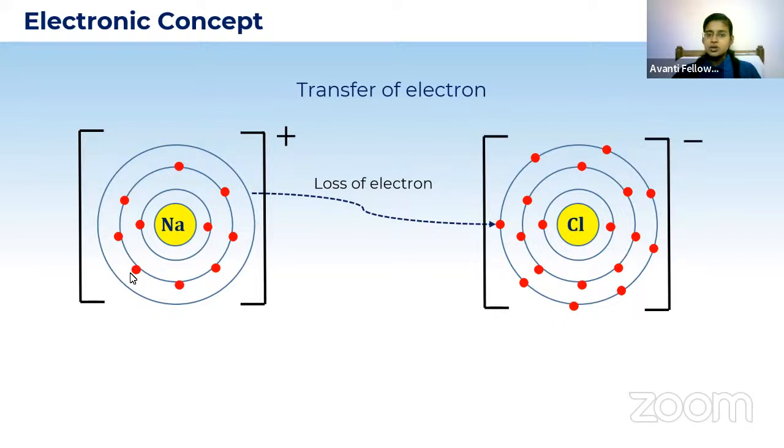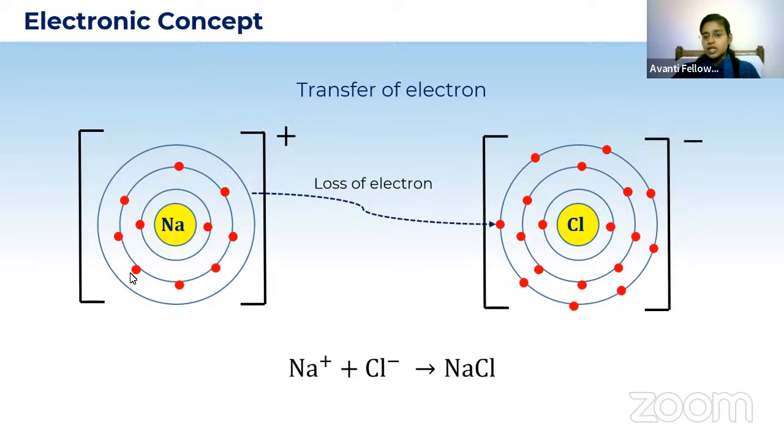So, transfer of electron takes place. And now these two species, the cation Na+ and the anion Cl-, will combine with each other and form a NaCl crystal.